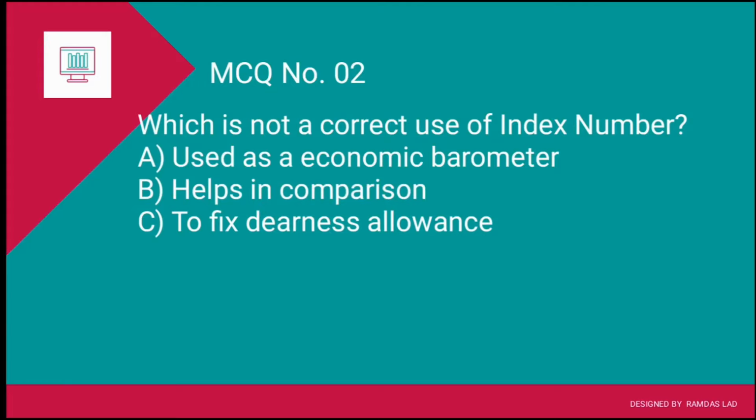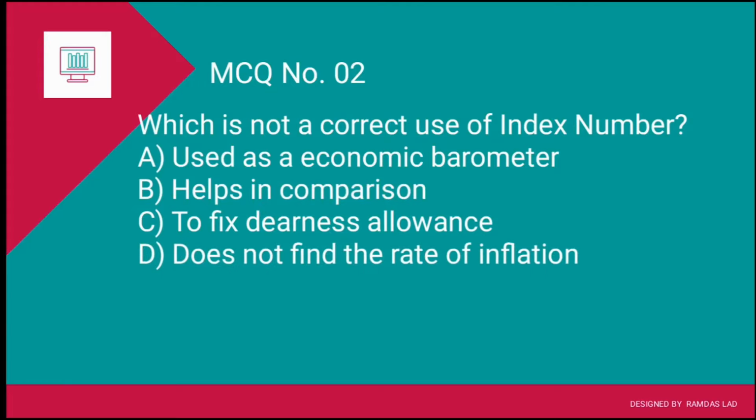Option C, to fix dearness allowance. And option D, does not find the rate of inflation. So all these are uses of index number, but option D is given in a negative meaning. So, does not find the rate of inflation. Index number can find the rate of inflation. It means option D is the correct answer.